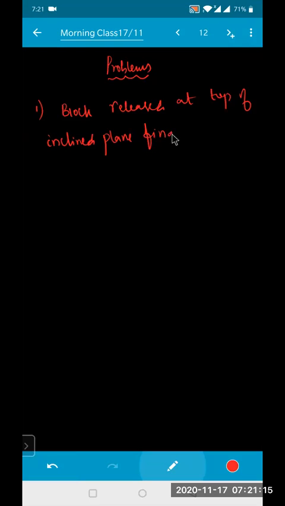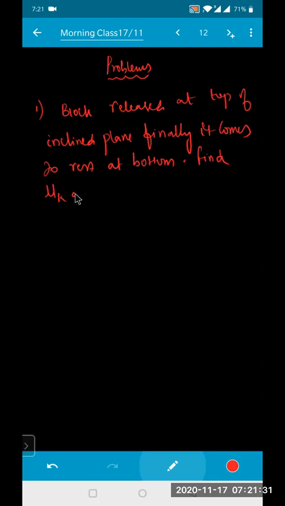Finally, it comes to rest at the bottom. Find mu k at the lower half of the inclined plane.